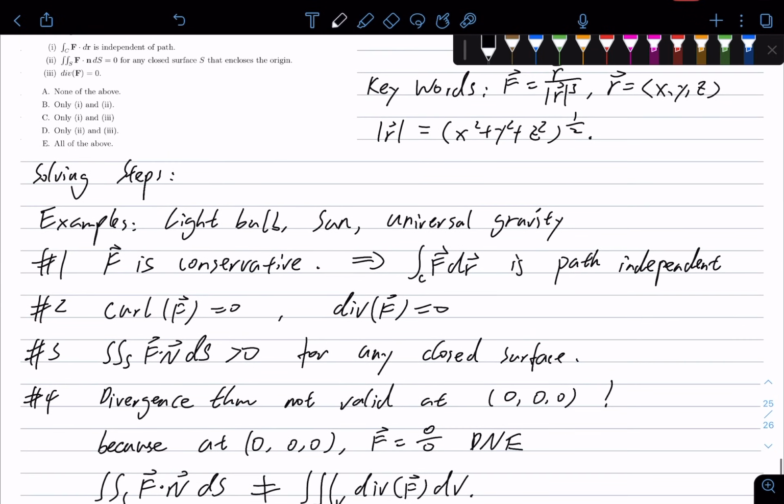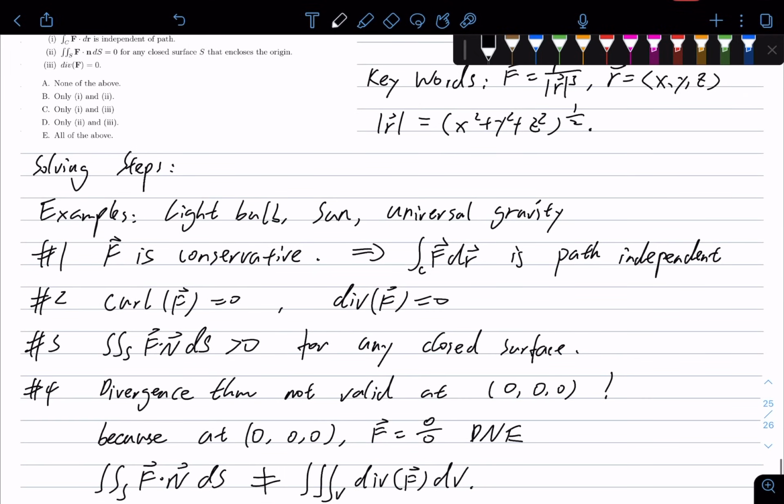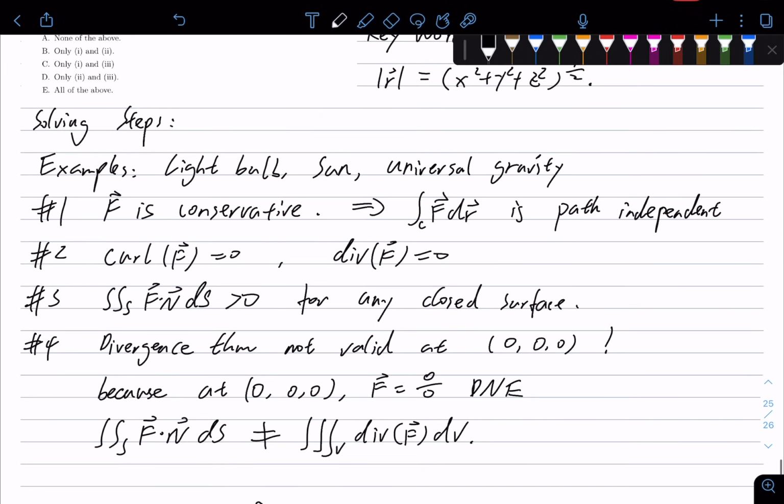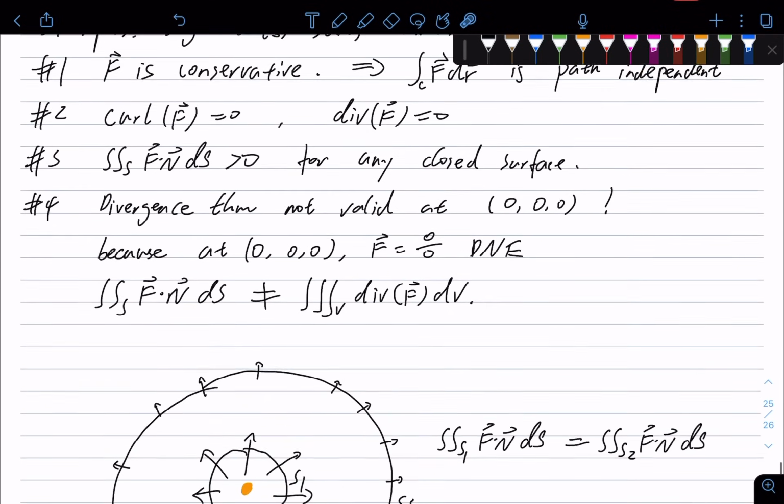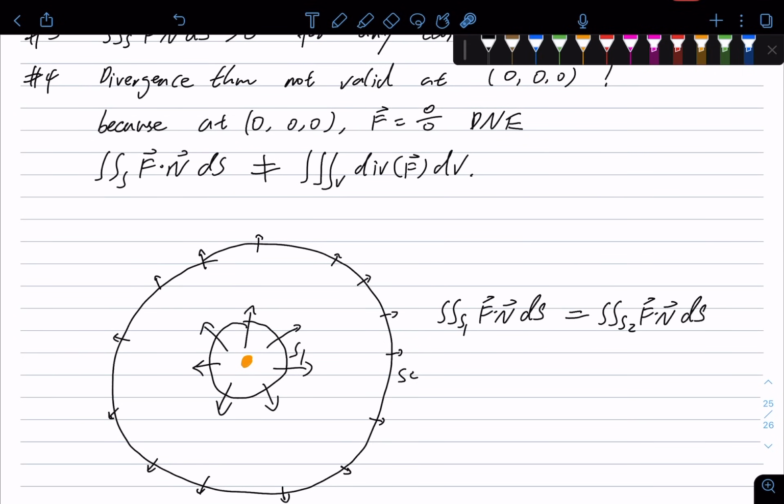We cannot translate from the surface integral to the divergence integral, because many people would think, oh, let's take a look. We have that vector field flowing over here, and we certainly have another vector flowing out from this direction. We certainly would have another vector equal in magnitude but opposite in direction to this vector.